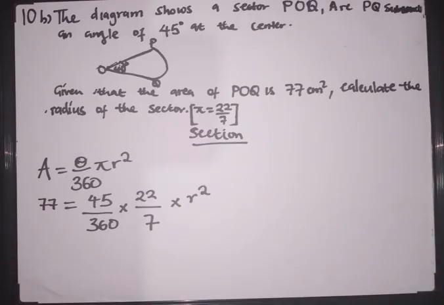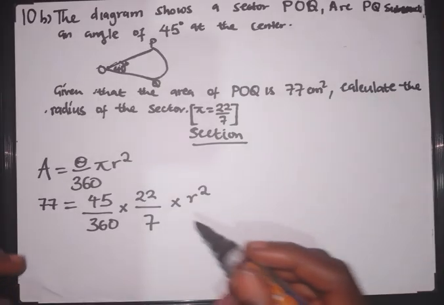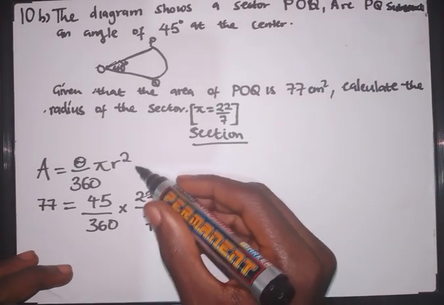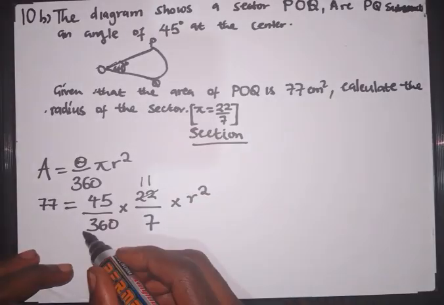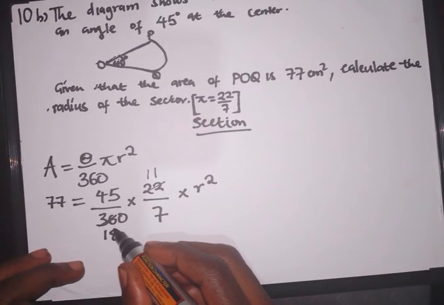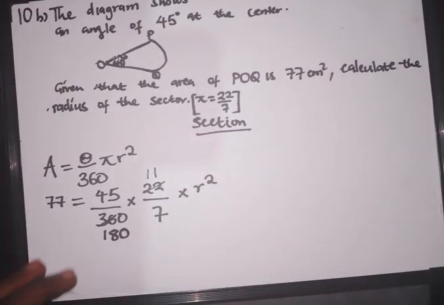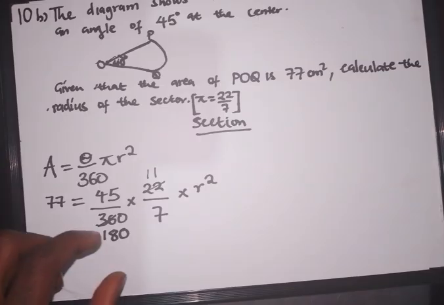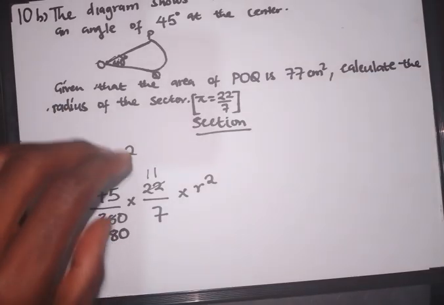For example, we know that 2 can go into 22, and also 2 can go into 36. So 2 into 22, we have 11. 2 into 36, we have 18. So we have reduced the numbers.